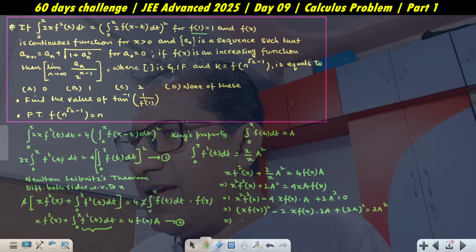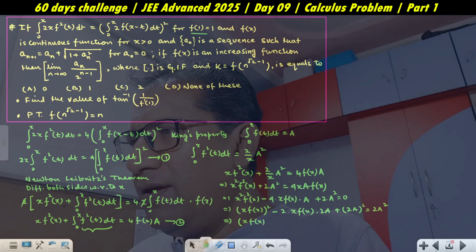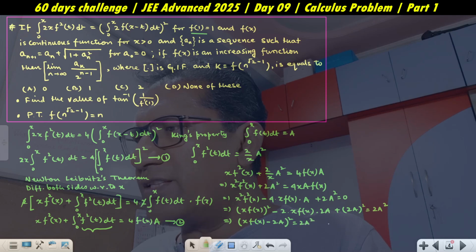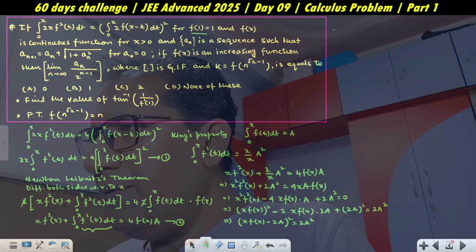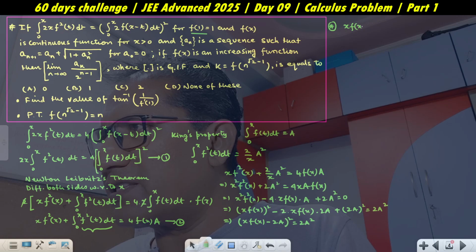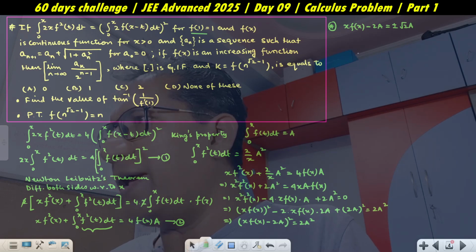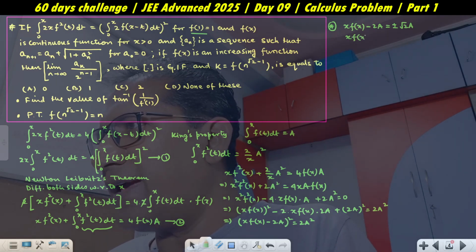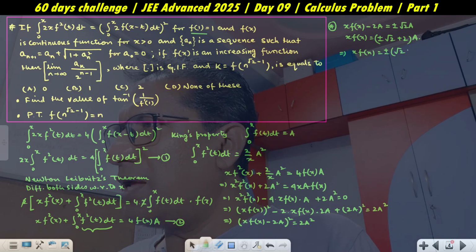Okay, so from here we have (x f of x minus 2A) whole square is 2A squared. So x f of x minus 2A is plus minus root 2 A. So x f of x is 2A plus minus root 2 A. So from here we can write x f of x is, if I take the common factor, A times (2 plus minus root 2).